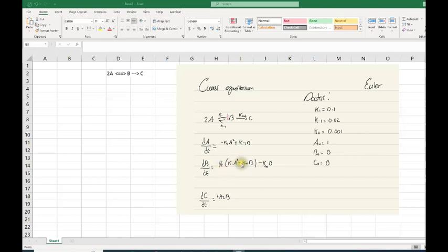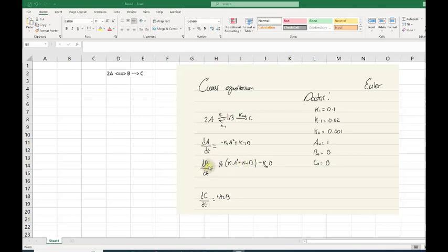Now B also has a second part to it, which is this one. B will disappear toward C, so the relation between B and C is 1 to 1, so there's nothing to change here: minus this constant, called K catalytic, times the concentration of B. So we finish this second reaction.